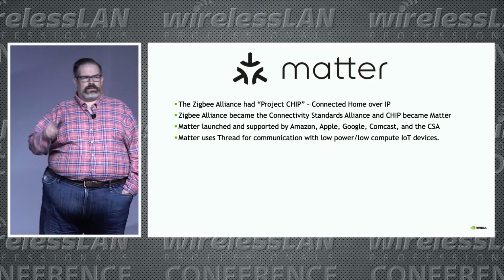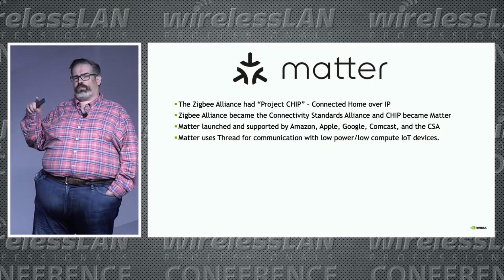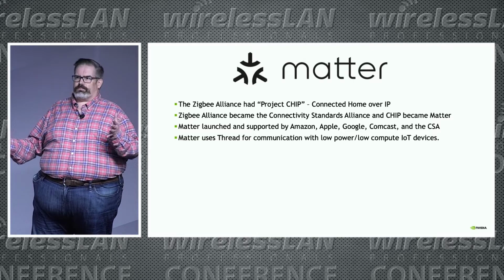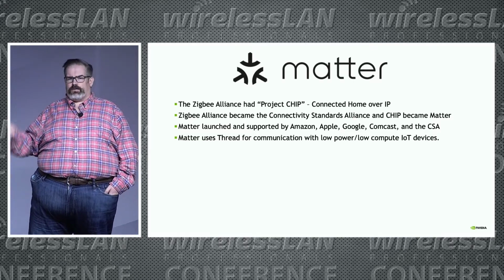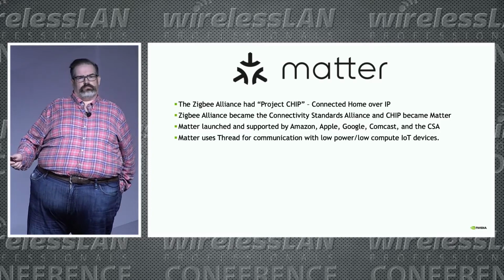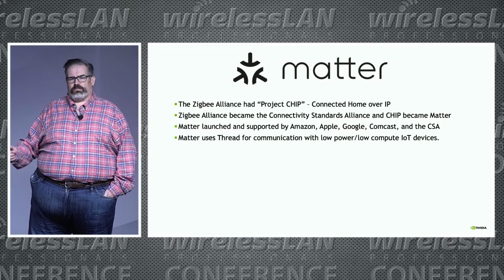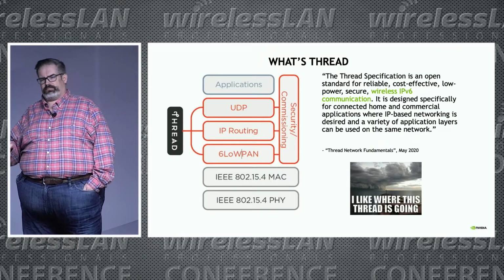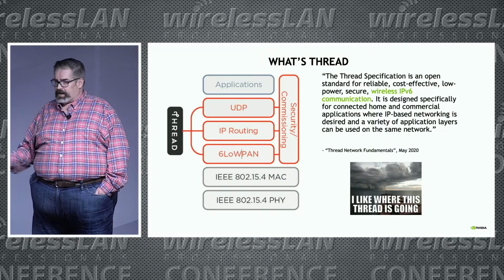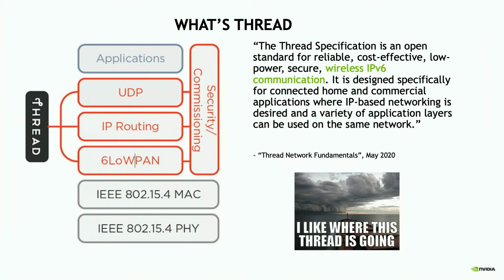And the important thing is that Matter uses a protocol called Thread. Well, I don't know if it's a protocol, it's a protocol suite to communicate with all these low power IoT, smart home devices. So what is Thread? It's a specification that's supposed to handle low power, secure, wireless IPv6 communications for connected home products.